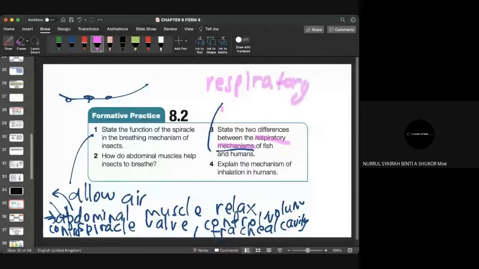Salah. Itu adalah different respiratory structure. Sekarang ni dia nak respiratory mechanism. Jadi macam mana Hadif beritahu tadi. Kalau fish, dia guna buccal floor dia, mouth floor dia untuk control buccal cavity. Tapi manusia kita guna intercostal muscle, kita guna diaphragm, bla bla bla.